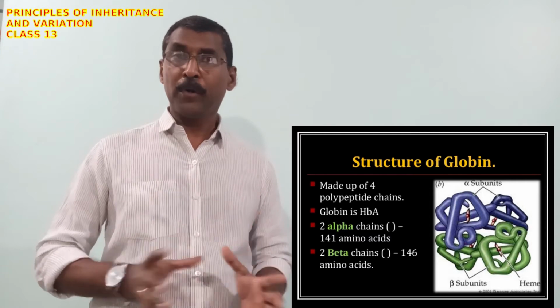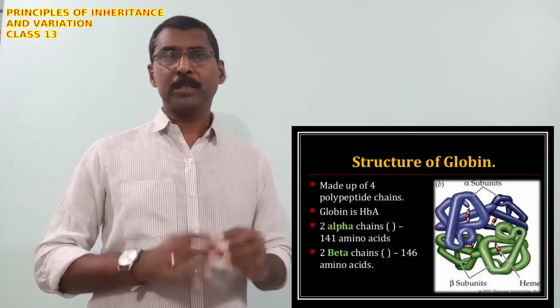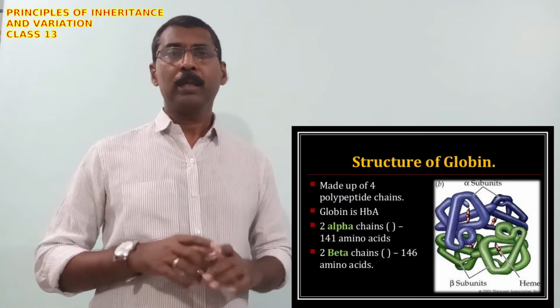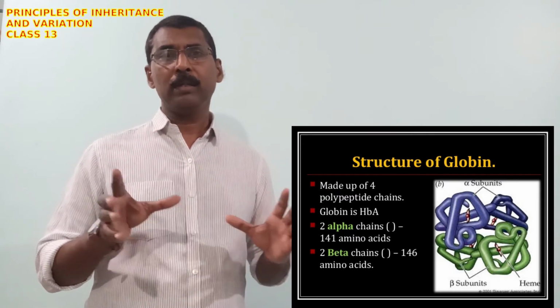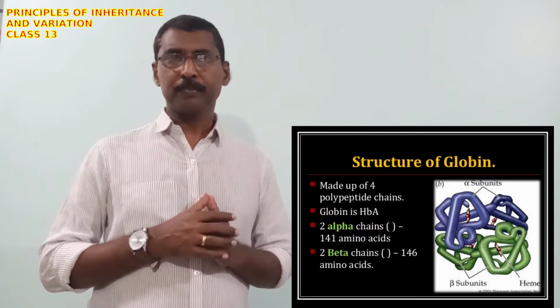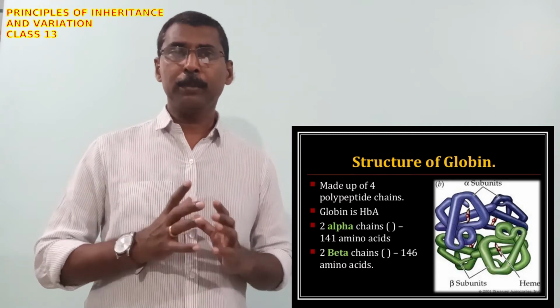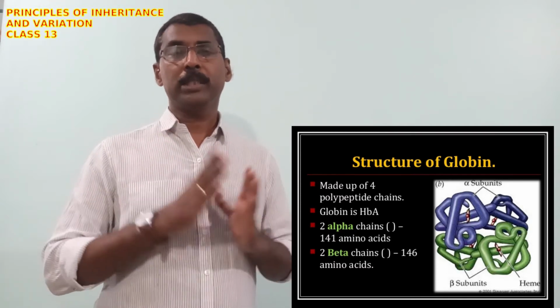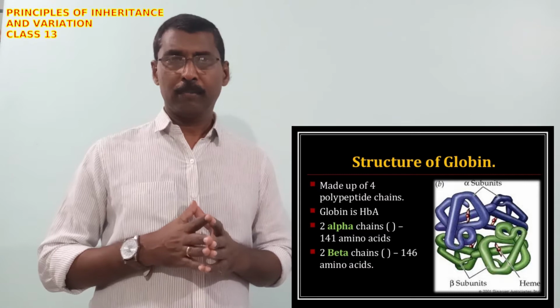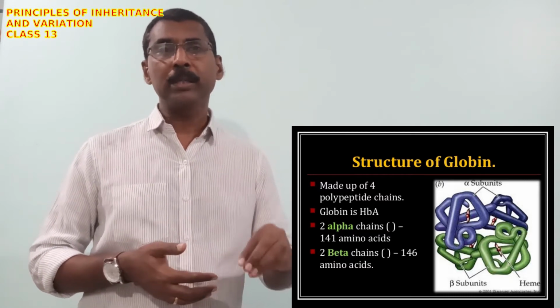When these four polypeptide chains in the tertiary stage are present in a protein, that level is called the quaternary stage. So globin in hemoglobin is in the quaternary stage, where each of the four polypeptide chains is in the tertiary stage.